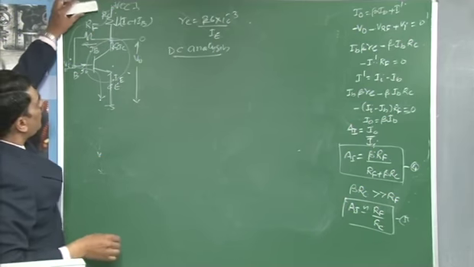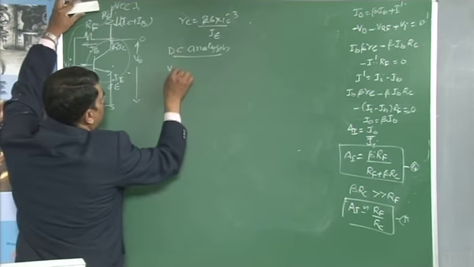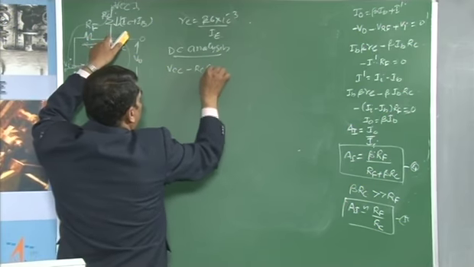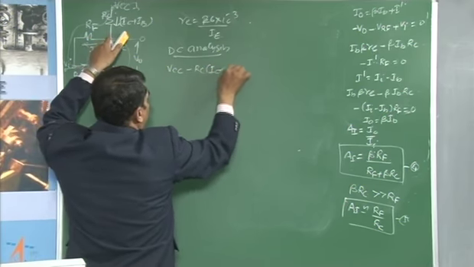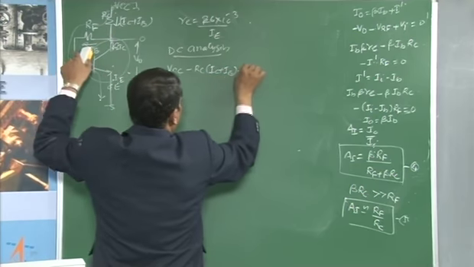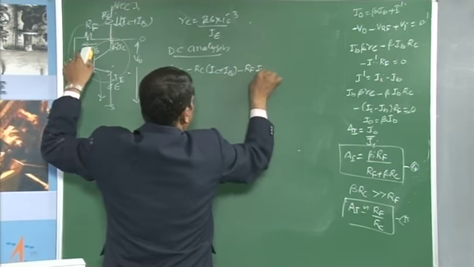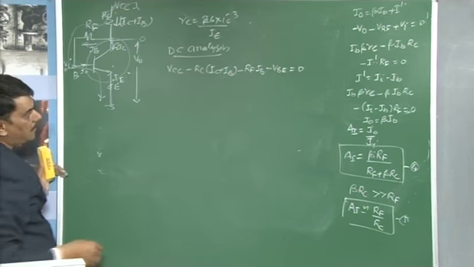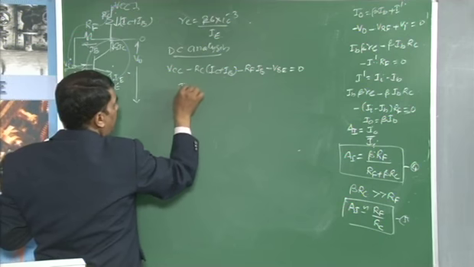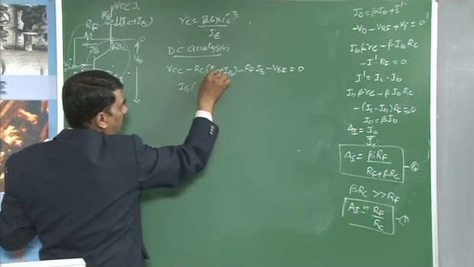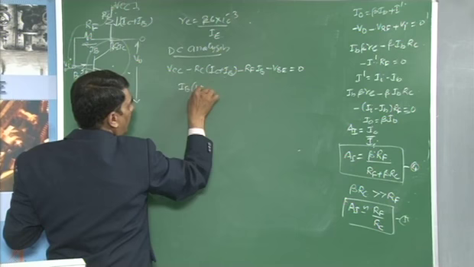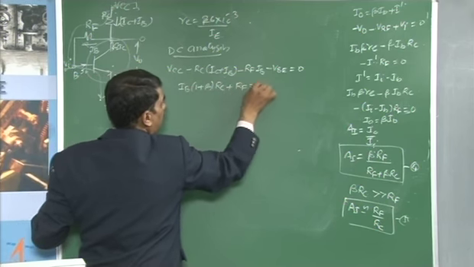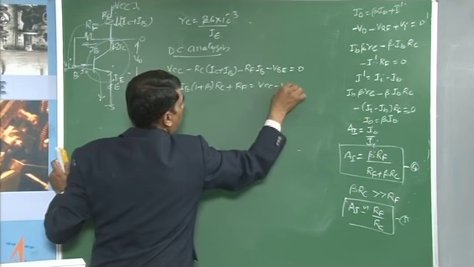Applying KVL to the input circuit, you get VCC minus RC into (IC plus IB) minus RF into IB minus VBE equal to 0. Solving for the current, where IC is equal to beta times IB, you can write IB into (1 plus beta) times (RC plus RF) equal to VCC minus VBE.